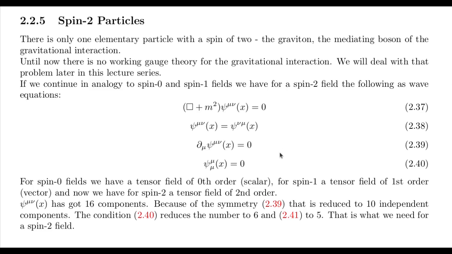And yeah, we must say until now there is no working gauge theory for gravitation. We will consider that problem later in this lecture series. So for now we look at the equations for spin 2 particles here.